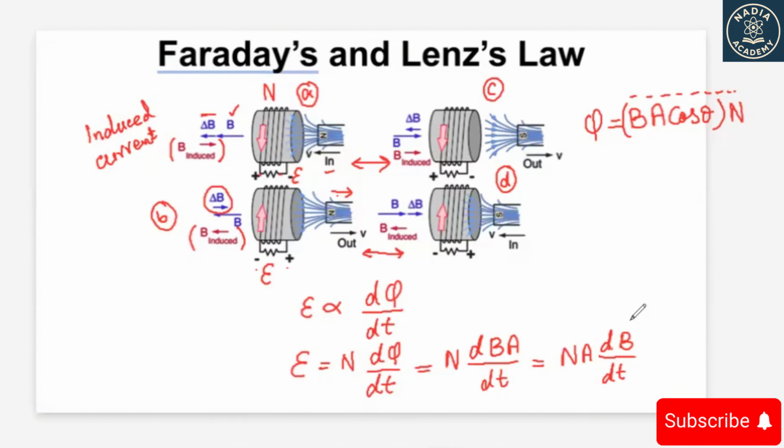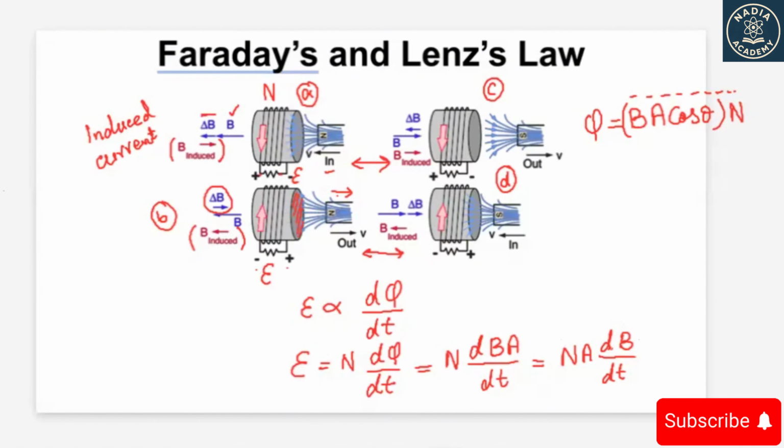Now here, with the number of turns of your coil, the cross-sectional area of your coil, and the rate of change of your magnetic flux density, you can calculate how much induced voltage you would get in your coil. So this is what Faraday's law is.